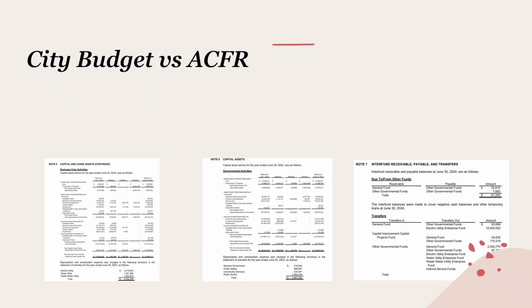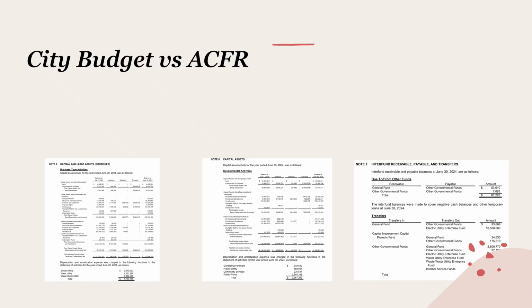In contrast, the ACFR is backward looking. It's an audited document that reports the actual financial results for the prior year. So again, the budget is for the following year.